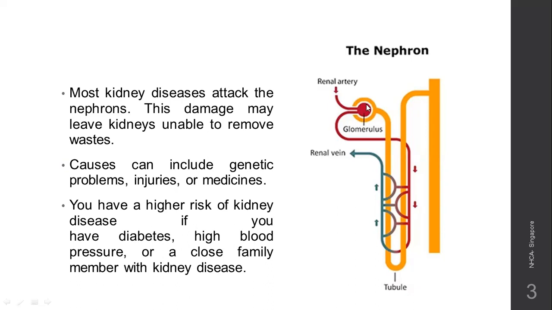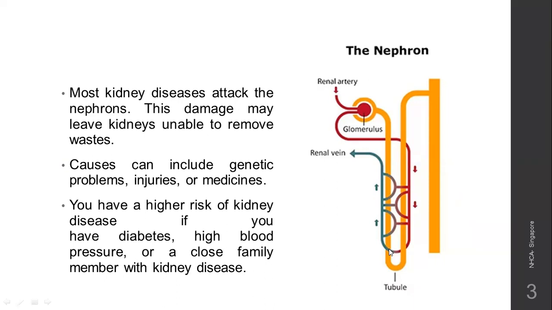Here the filtration will take place, and from the glomerulus the blood goes into the tubule and collecting ducts, where some other filtration of electrolytes also takes place. So the nephron is the structural and functional unit of the kidney, and each of these units is responsible for filtration.